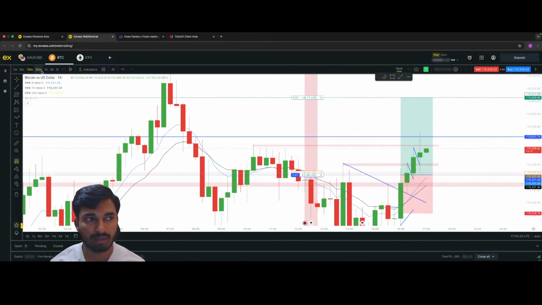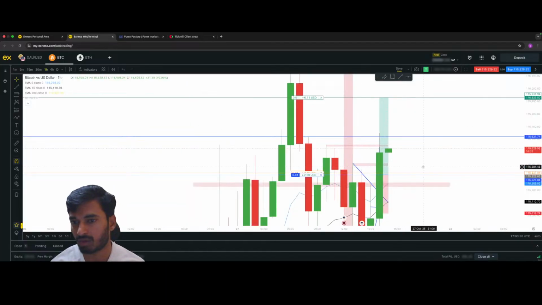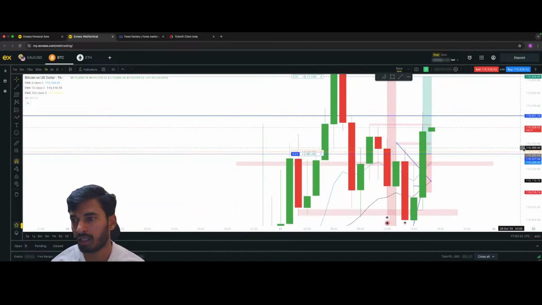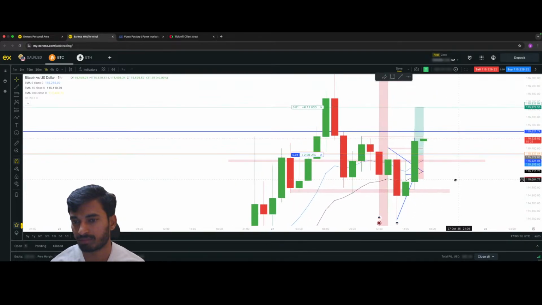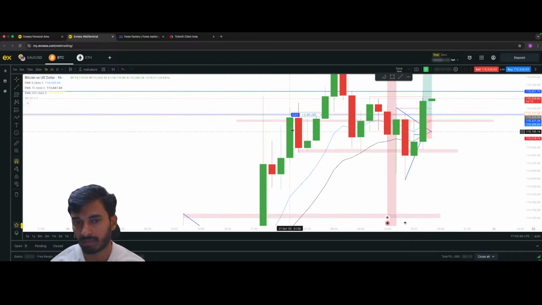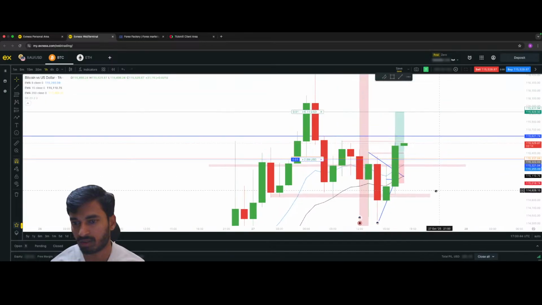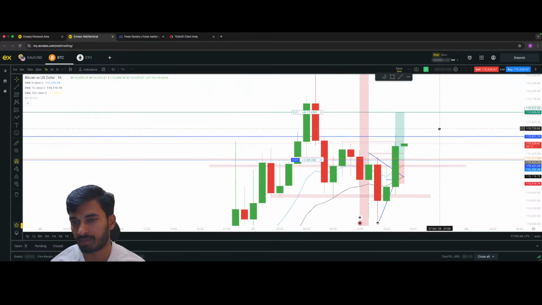Let's see what will happen if I see in 1 hour. Oh, okay, in 1 hour it has also given a very good bullish candle. See, this is a completely uptrend, going down, taking support and going up.